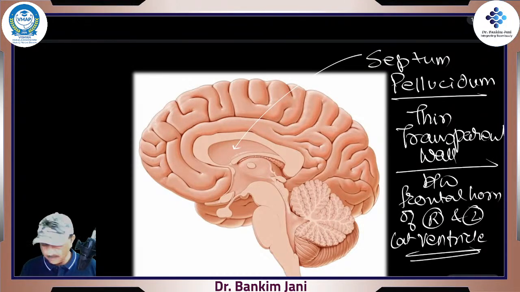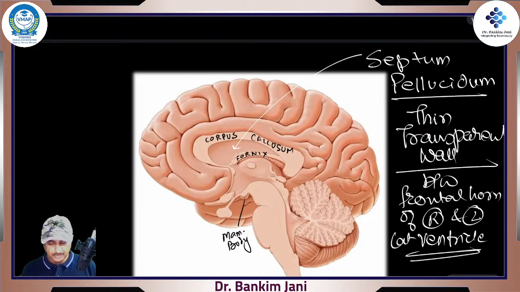And above is what? Above is the corpus callosum, and below it is the fornix. The moment I say fornix, immediately the mammillary body should come into the picture, right? And when the mammillary body comes, straight away it tells us this is the pituitary.